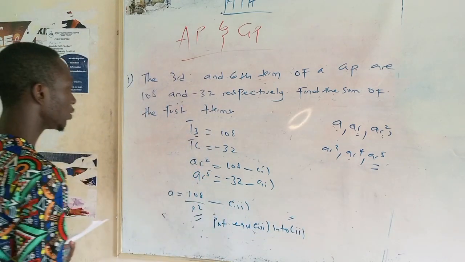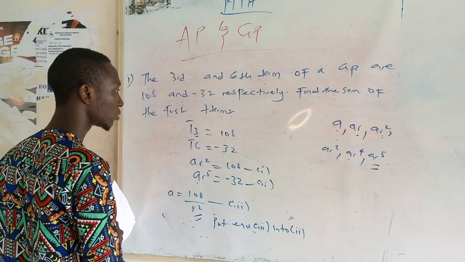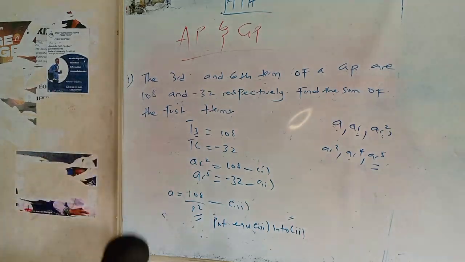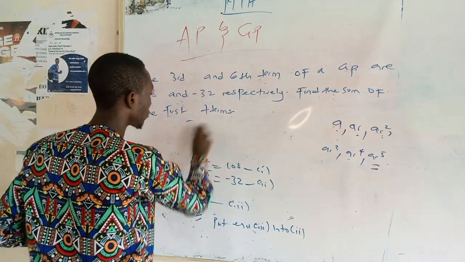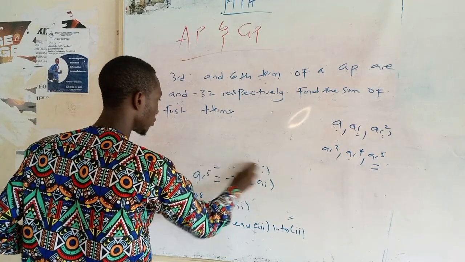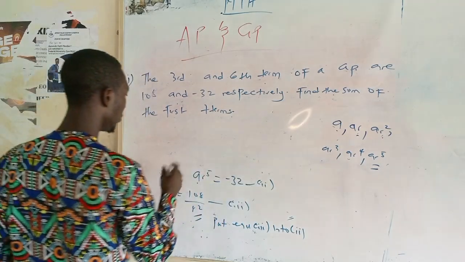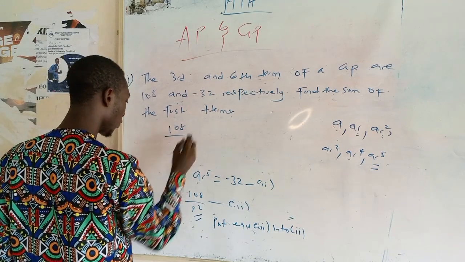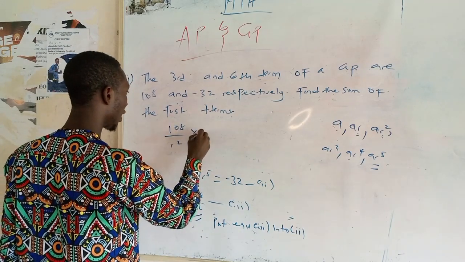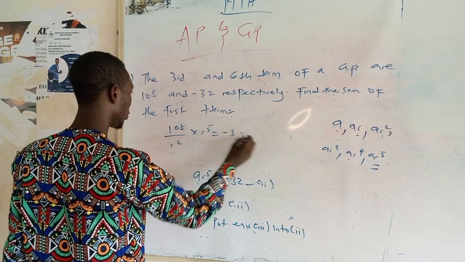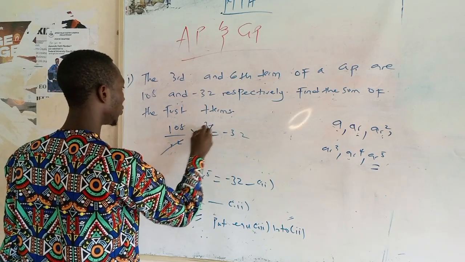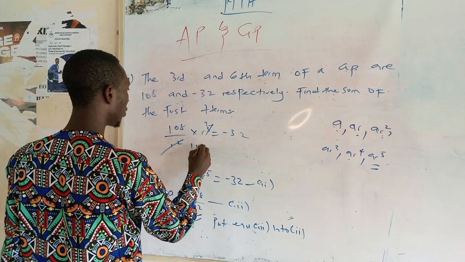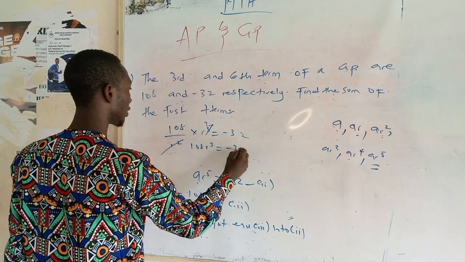So putting equation 3 into 2, it becomes 108 over R square times R5 equals -32. R square cancels, you are left with R3. So it becomes 108 R3 equals -32.